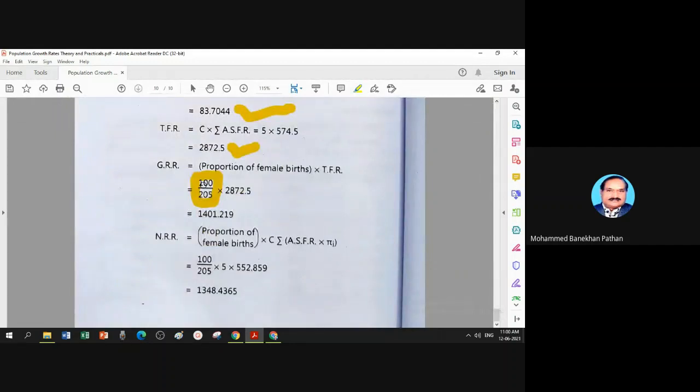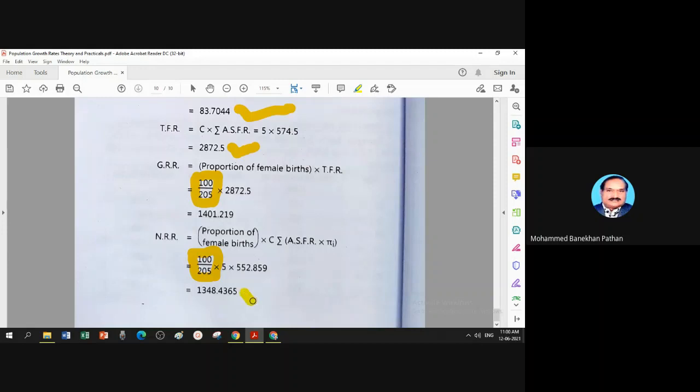It is the female proportion, female ratio per 1000. So you get this as GRR. NRR is the proportion of female birth. Again, there is a mistake. It should be 105, into width of the group into summation ASFR into pi I, by taking survival factor under study.